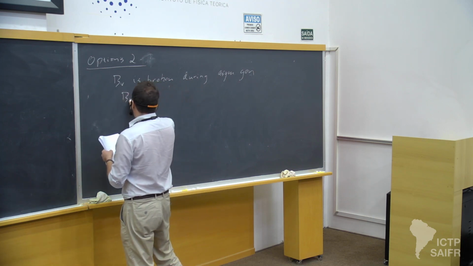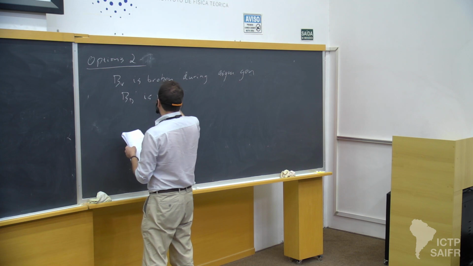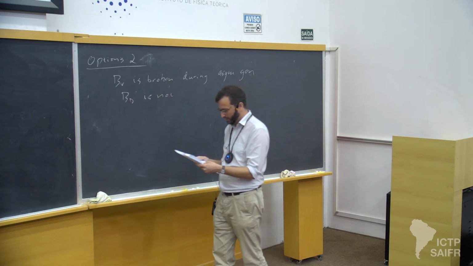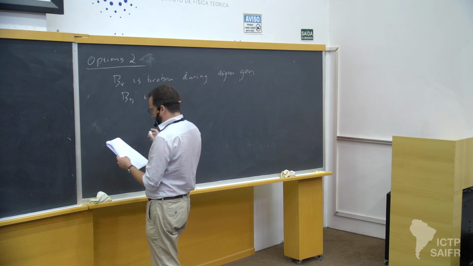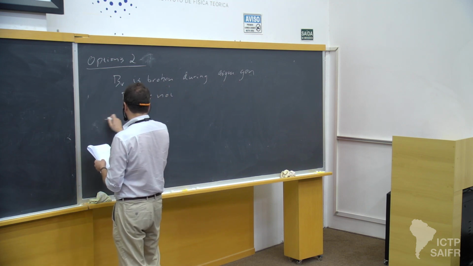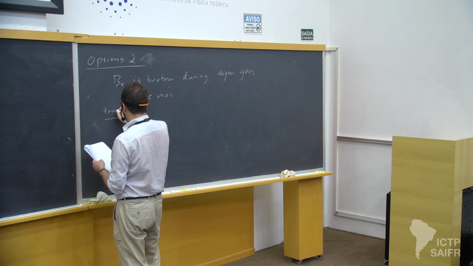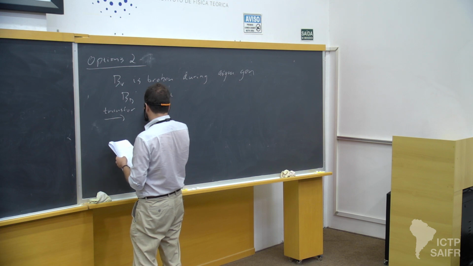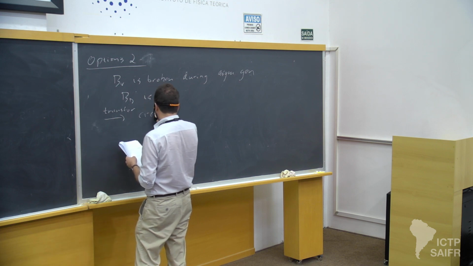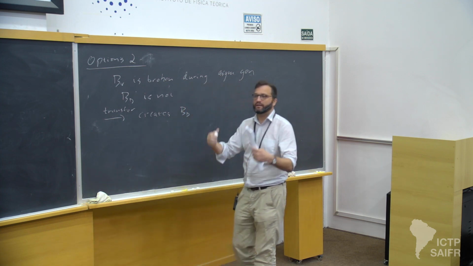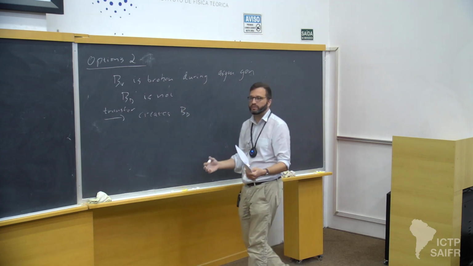But then B_D is not broken by the generating mechanism itself, but there's a transfer which creates a dark asymmetry just through equilibration of chemical potentials.